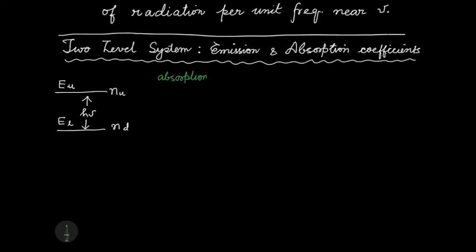One is absorption, a process in which an h nu photon falls into this and one atom goes from the lower level to the upper level.